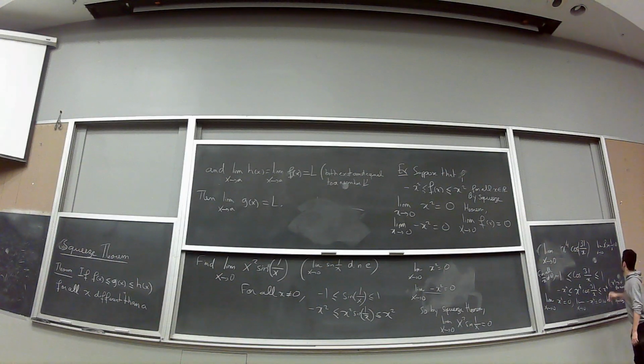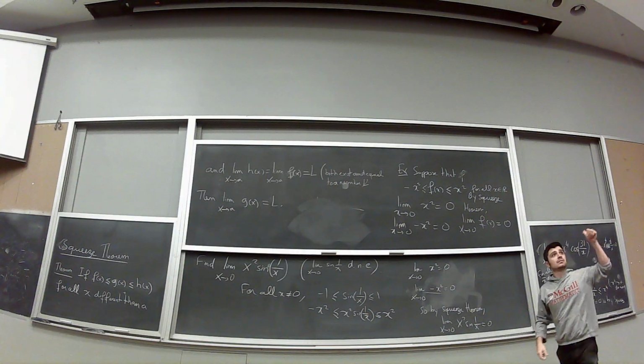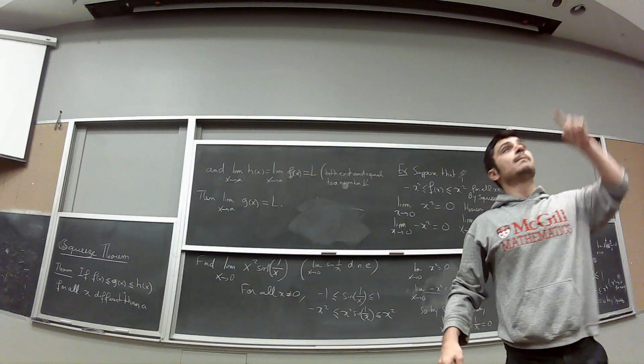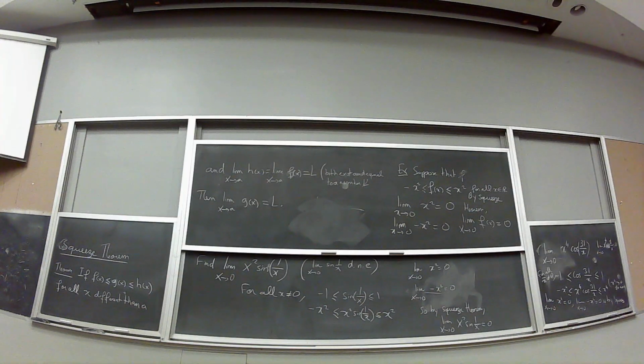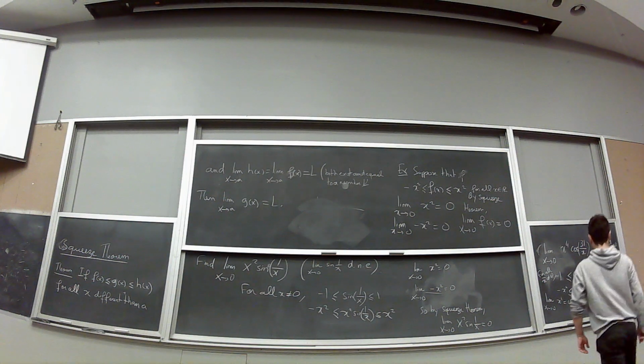Okay? x to the 4 cos 31 over x is equal to 0. Is that good? Is that fine? Sorry, yeah, go ahead. Where the limit? Sure. Sure.